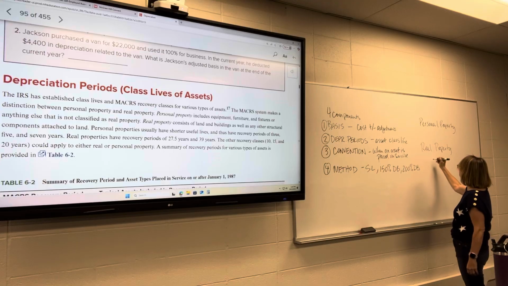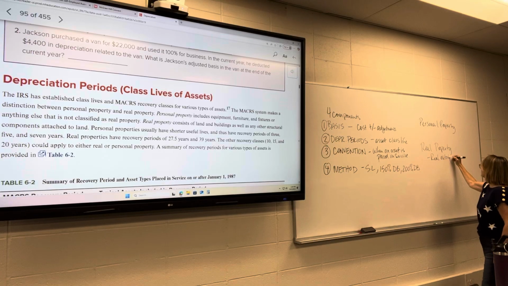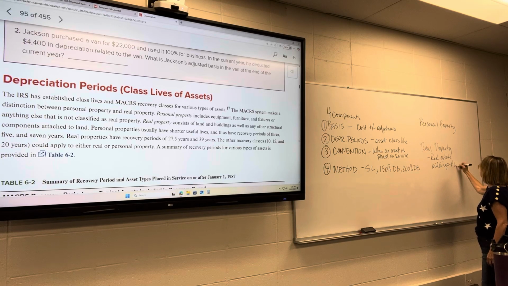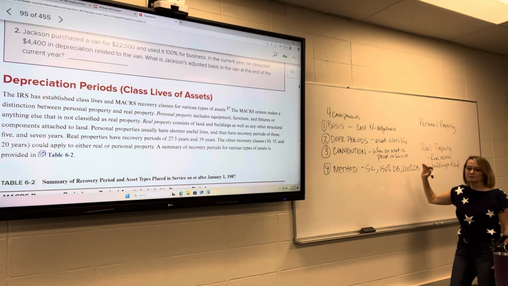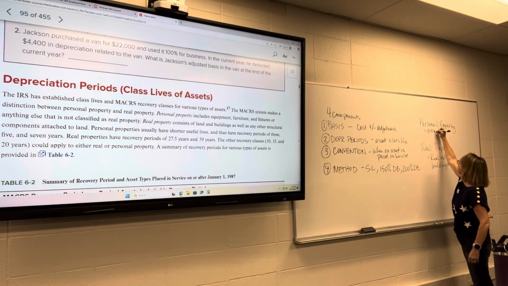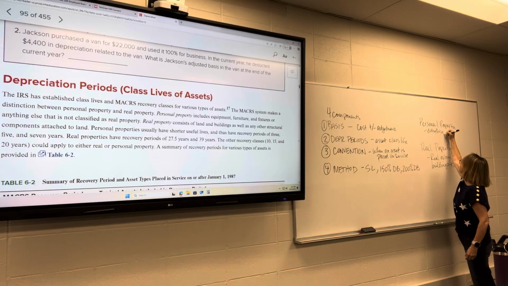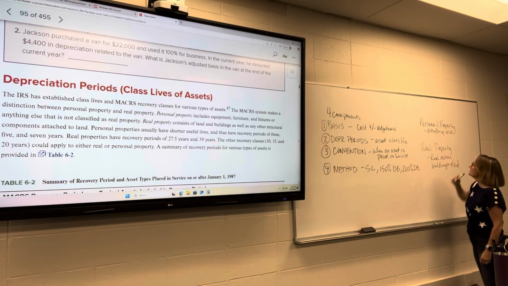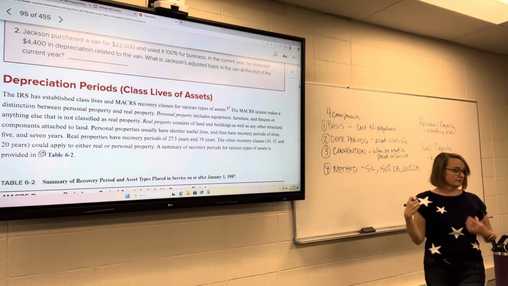Real property essentially is just real estate: buildings and land. That's real property. Personal property is everything else. So if it's not real property, it's personal property.